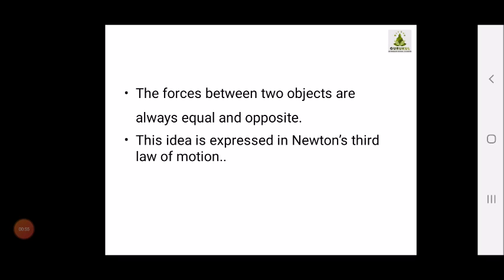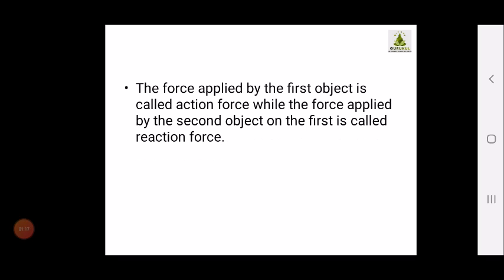It is very common. Suppose you are bouncing a ball towards the ground or towards the wall, the ball is also bouncing back. This is one example in which force acts in both ways, and this idea is expressed in Newton's third law of motion.